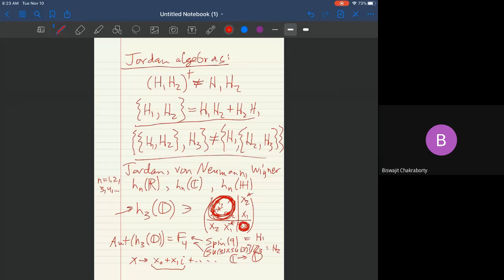The details of those subgroups aren't so important, but what he finds is that H1 intersection H2, the symmetries of the exceptional Jordan algebra that preserve the 2 plus 1 splitting and also preserve the embedding of the complex numbers, is exactly the group SU(3) times SU(2) times U(1) mod Z6.